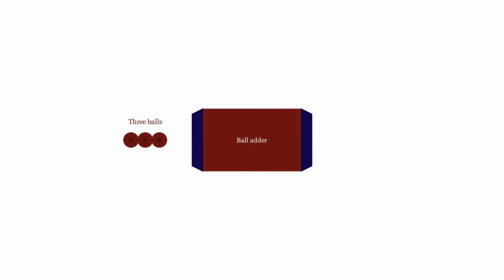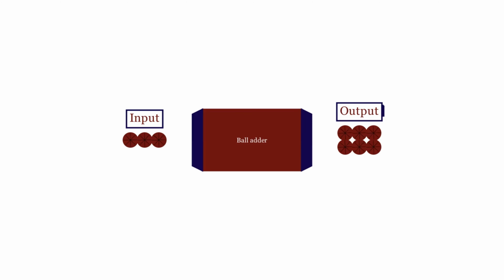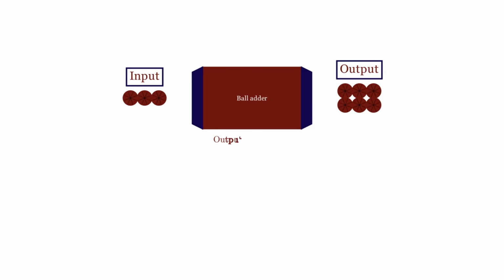If we give the ball adder 3 balls, it will give us 6 balls. At this time, I want you to think of what enters the machine as input and what goes out of the machine as output. From what we've seen so far, we can say the output to expect from the machine is 2 times the input we give it.